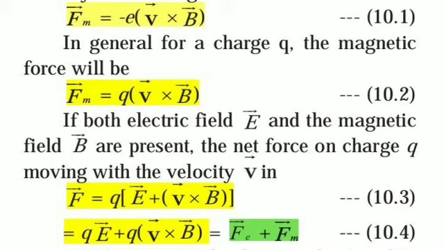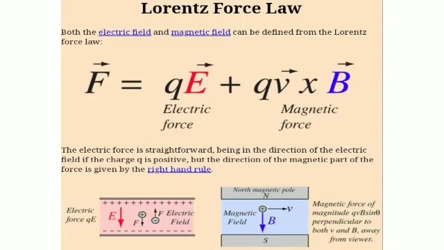Now, the Lorentz force law. Both the electric field and the magnetic field can be defined from the Lorentz force law. As you can see here, vector F is equal to q vector E, where this term is called the electric force, plus q vector v cross vector B, where this term is called the magnetic force.